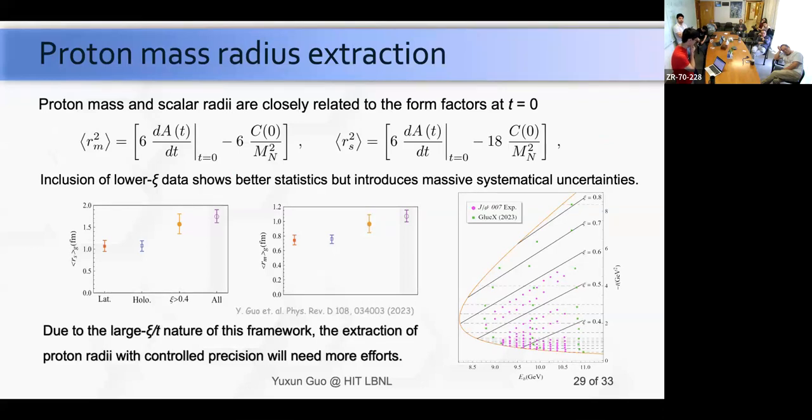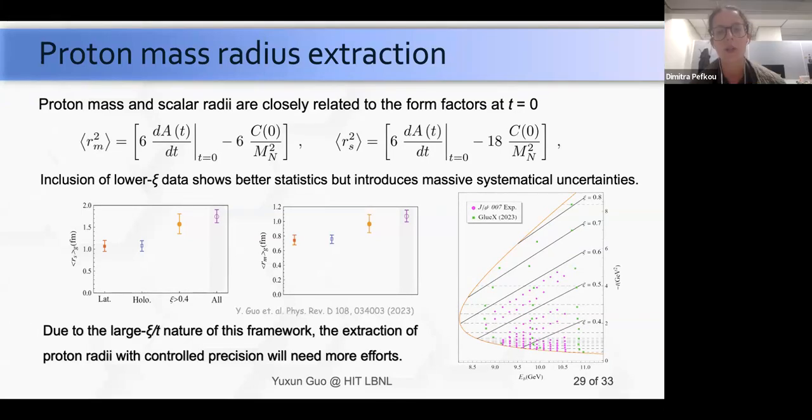Those are for the sum over quarks and gluons. Okay, that's a good point. The plot I show is for gluon radii. The equation I show is for the combined radii. If you care about only quarks or only gluons, there will be a contribution from the C-bar, which, as I said, I didn't emphasize too much in this talk. The quark and gluon each have a C-bar contribution, but if you add them, they vanish.